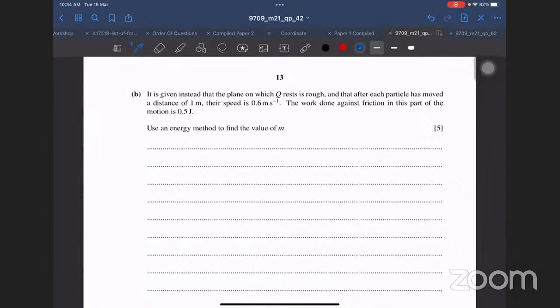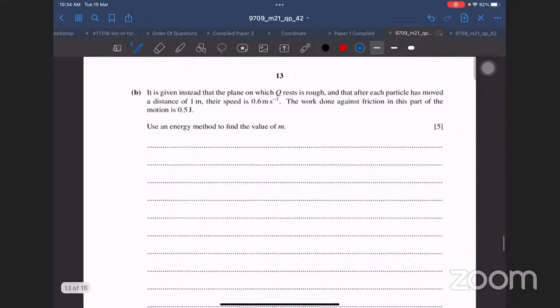Then it says it is given that the plane on which Q rests is rough, and after each particle has moved a distance of 1, their speed is 0.6. The work done against friction in this part of the motion is 0.5 J. Use an energy method to find the value of m.